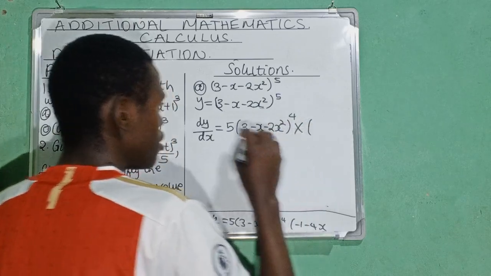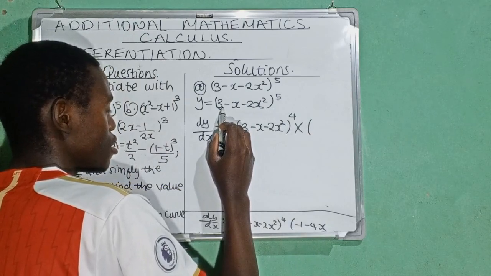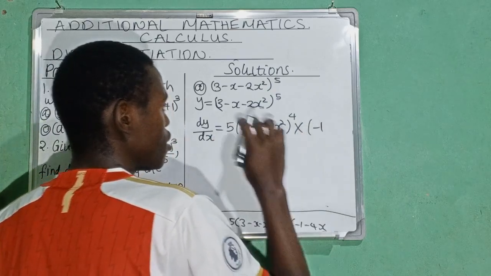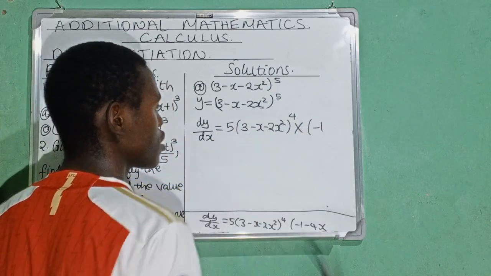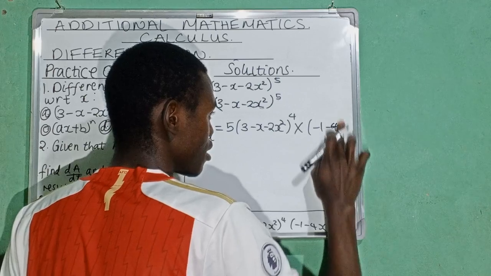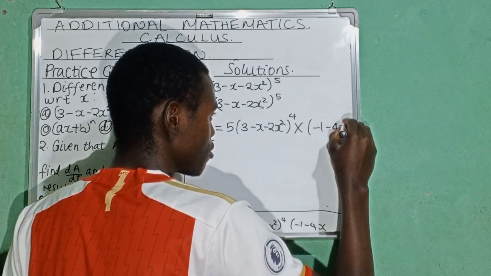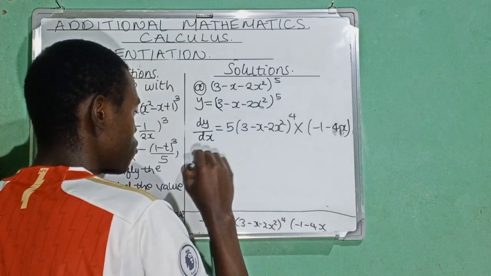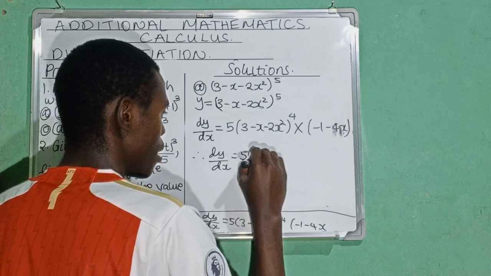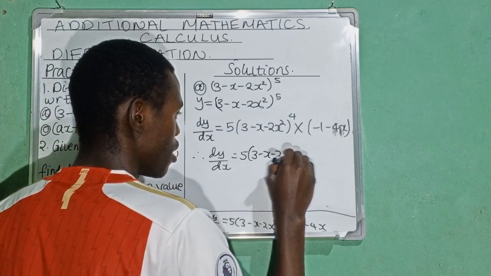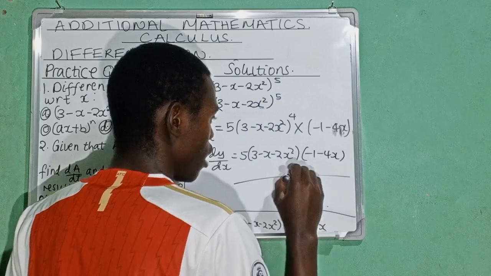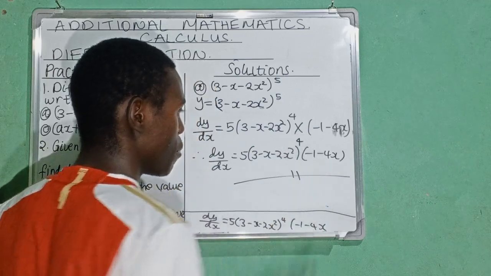You multiply by the derivative of the core: the derivative of 3 is 0, the derivative of negative x is negative 1, and the derivative of negative 2x squared is minus 4x. So your dy dx would be equal to 5 multiplied by 3 minus x minus 2x squared, raised to the power 4, multiplied by negative 1 minus 4x.